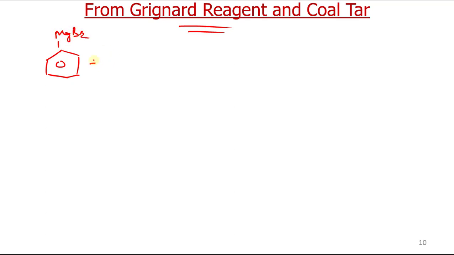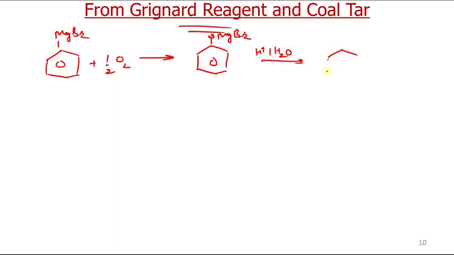Upon reaction with oxygen, it forms OMgBr, and it undergoes acidic hydrolysis, H positive, water, to give you phenol plus magnesium hydroxy bromide. So this is the reaction by which we can get phenol from Grignard reagent.